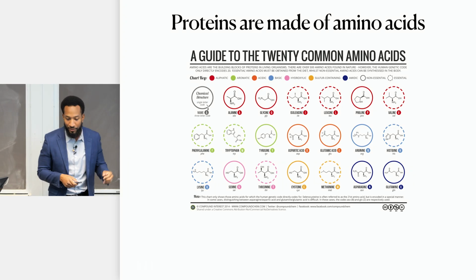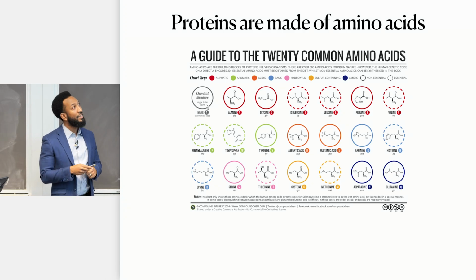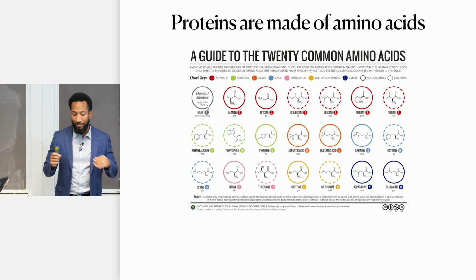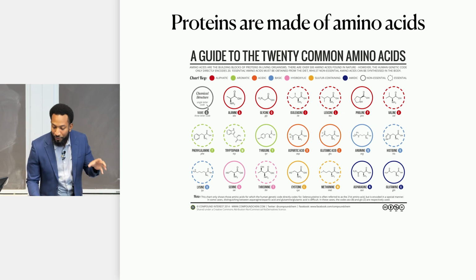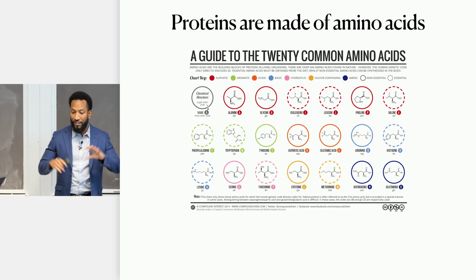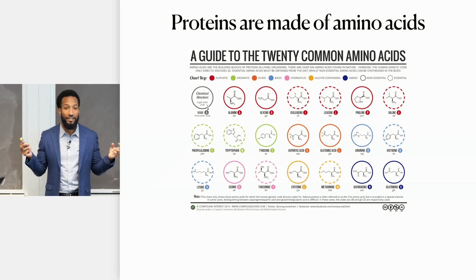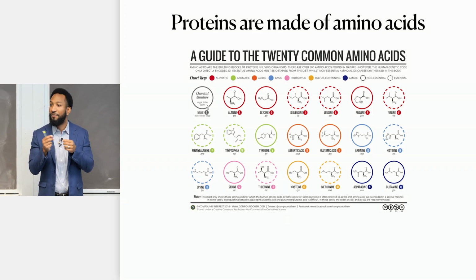They're labeled by different biochemical properties, but don't worry about the labeling. This is the alphabet, if you will, of how proteins are composed.